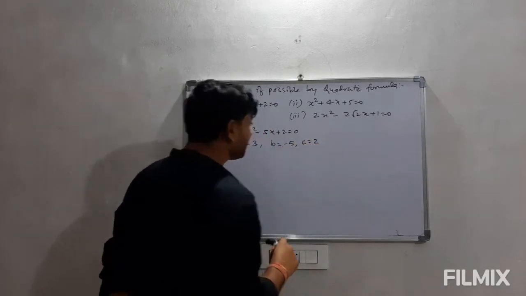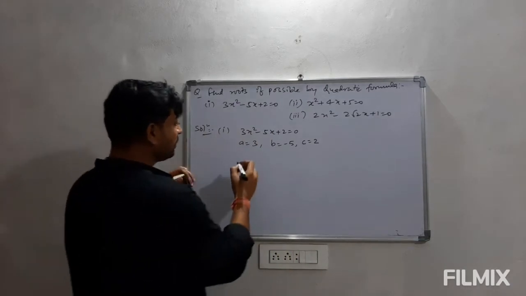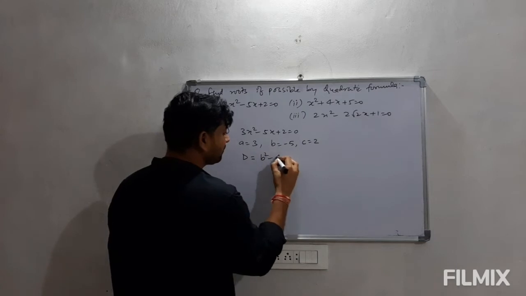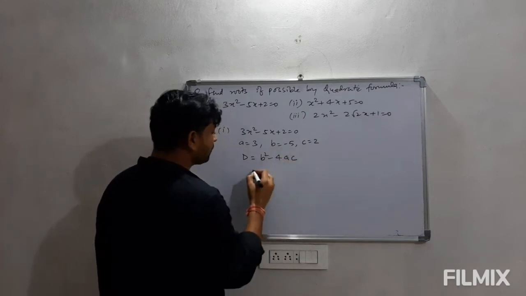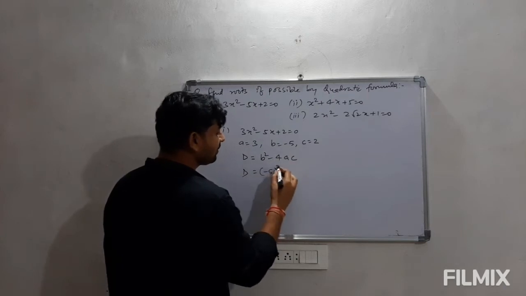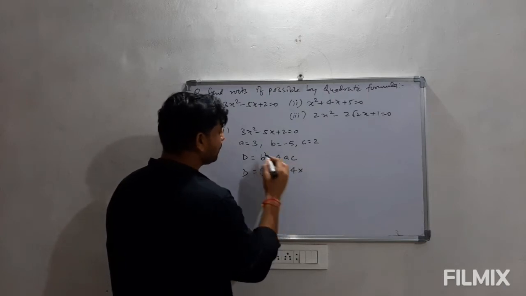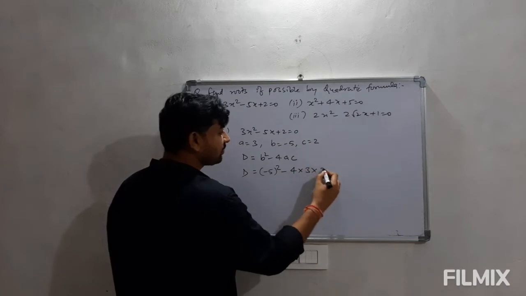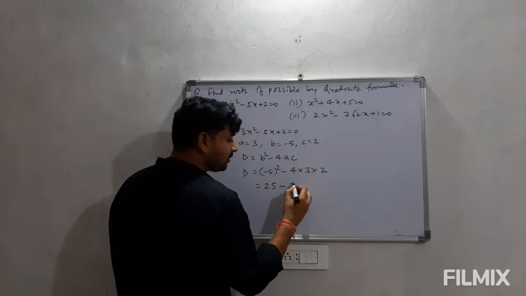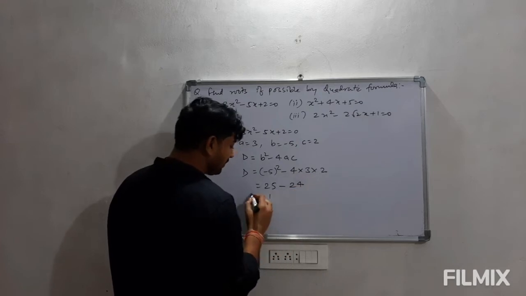Now first of all find the discriminant, that is b square minus 4ac. Now substitute the values. Discriminant is b square, that is minus 5 whole square, minus 4 into the value of a, which is 3, and c is 2. So from here we are getting 25 minus 4 3s are 12, 12 2s are 24. So we are getting 1. So discriminant is coming out to be 1.